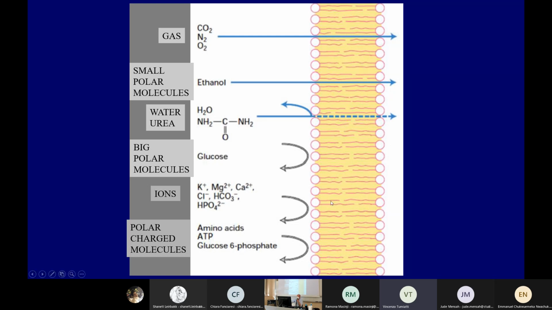It's an approach. If you want to introduce drugs inside the cells, we can use this type of transport system. For example, the system related to the transport of amino acids.